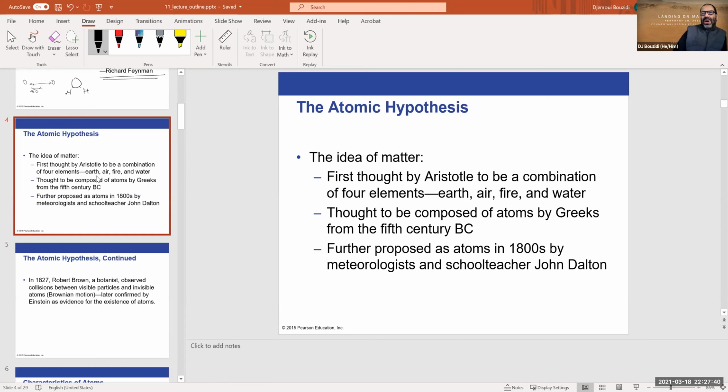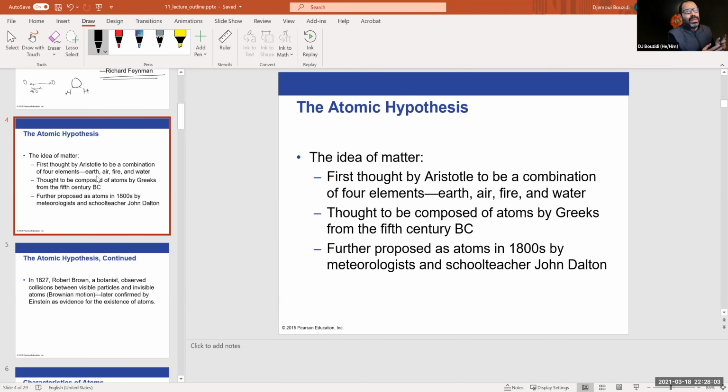So the first thought of Aristotle was that matter is a combination of 4 elements. These are the elements: earth, air, fire, and water. If you have seen an old movie with Bruce Willis, and I forgot the other actors in it, it's called The Fifth Element, okay? In that movie, they added love as a 5th element to make basically whatever things in there.